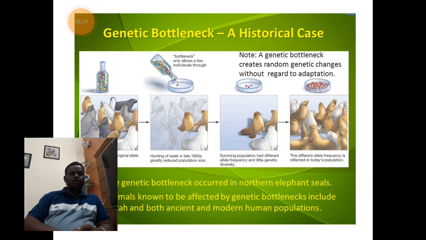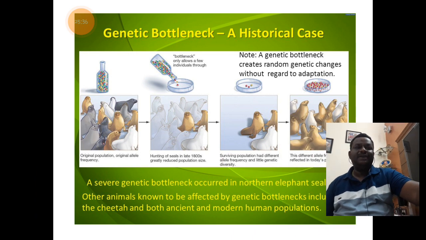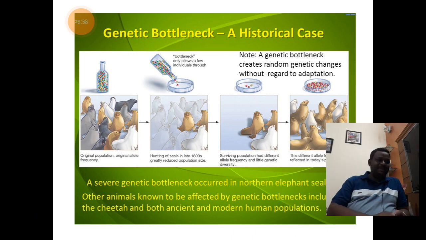Here is a slide to show the bottleneck effect of genetic drift in the elephant seal that we have discussed just now. In case 1, the original population, that is the extreme left, shows elephant seals of brown, white, grey and black ones. In the second, only more of grey, less brown and white ones were selected by the bottleneck effect.